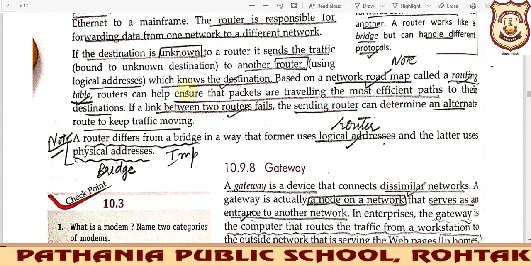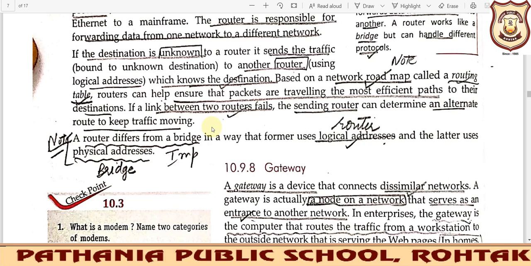This routing table ensures that a particular packet travels along a proper path so that it may reach the destination. And if any failure occurs in between, these routers use an alternate path to get that data to the respective destination.